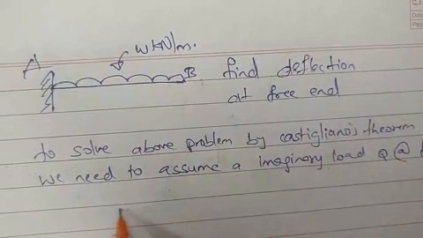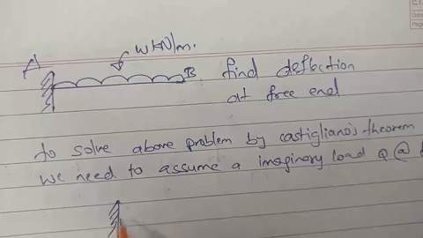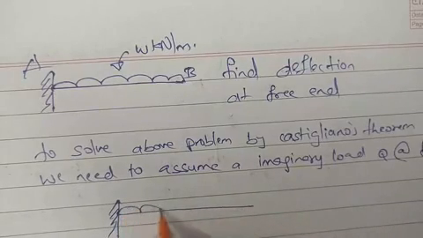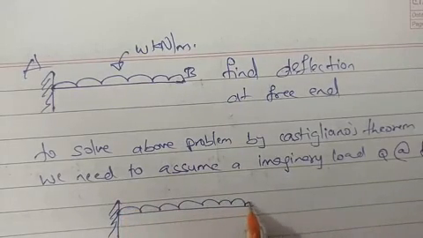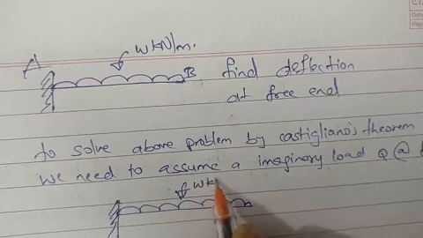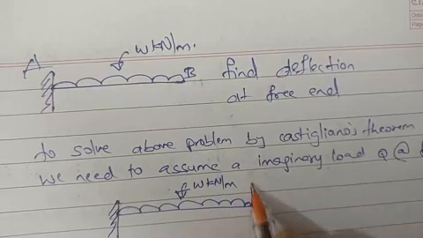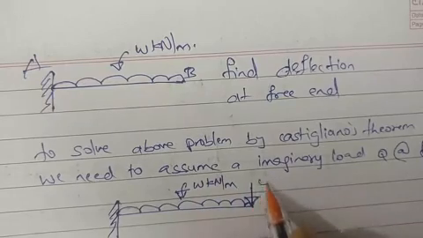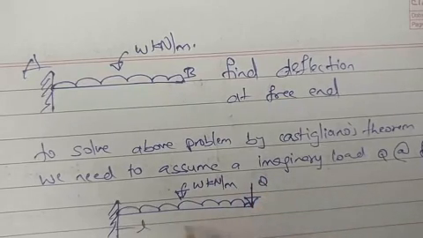So this cantilever, this is W kilonewton per meter. Here we are assuming point load Q. This is L.